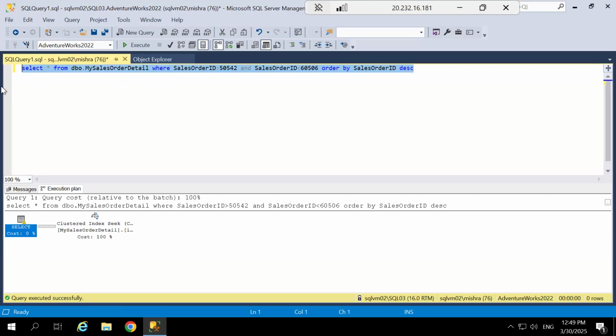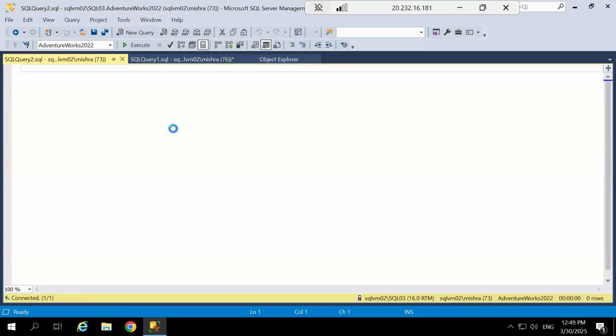Let us go ahead and execute more queries. And this time what I'm going to do is I am just excluding this where condition from the query and then going to execute it.